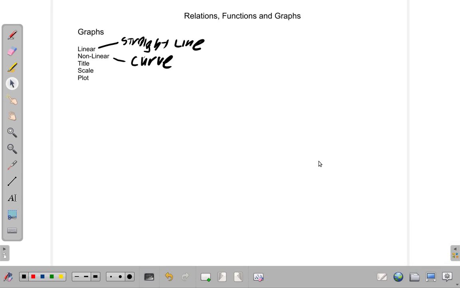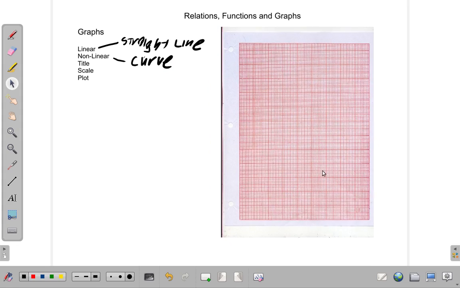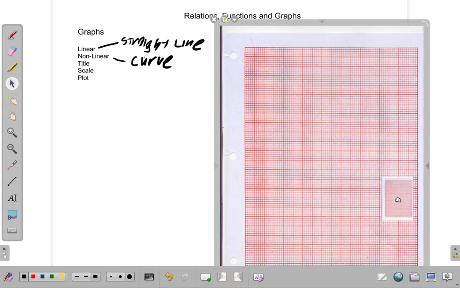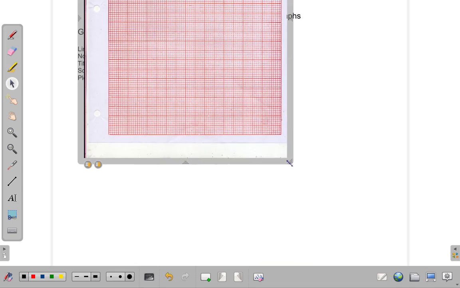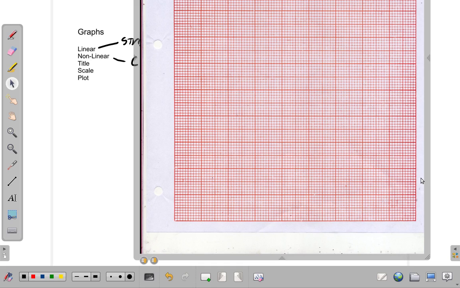Now, what that means, for example, on our graph paper here, let me increase the size of our graph paper to make it a bit bigger. Suppose you have some numbers, right?